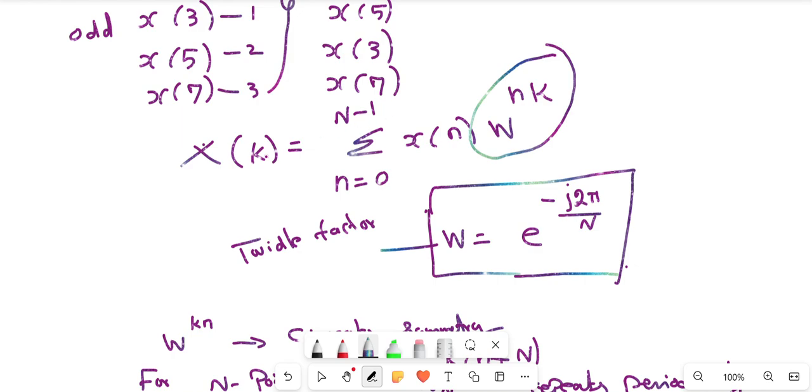Although it needs to be evaluated N times, for k varying from 0 to N minus 1, each summation only needs to be computed N by 2 times, for k varying from 0 to N by 2 minus 1, because the even function and odd function are repetitive with the interval of N by 2, because of the periodicity property. So the original DFT time is reduced by approximately 50%.